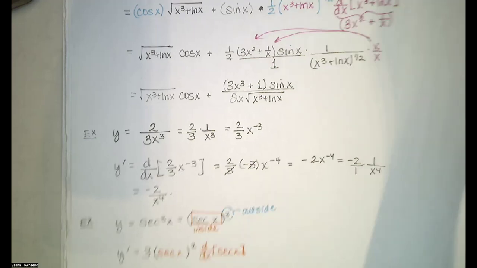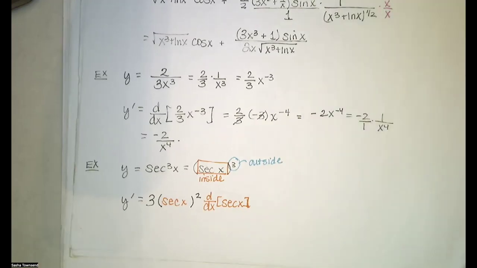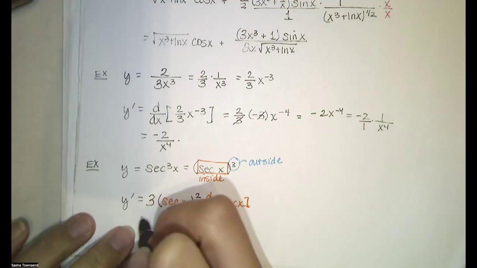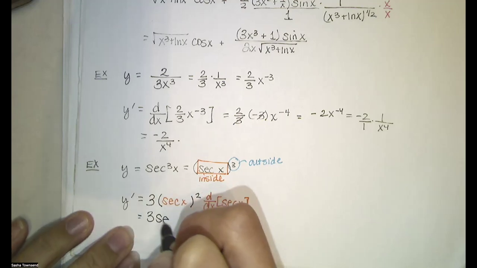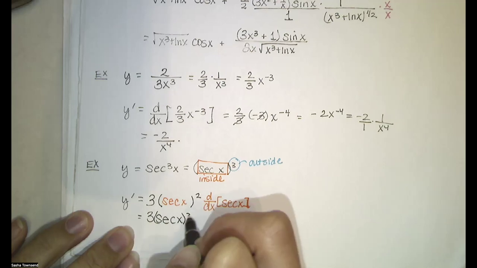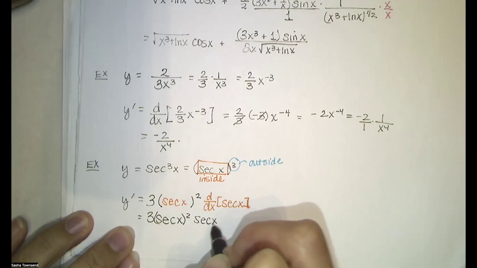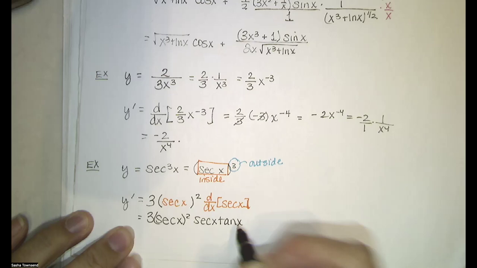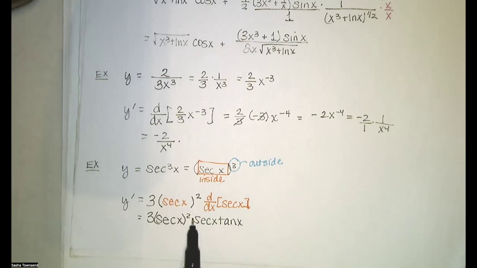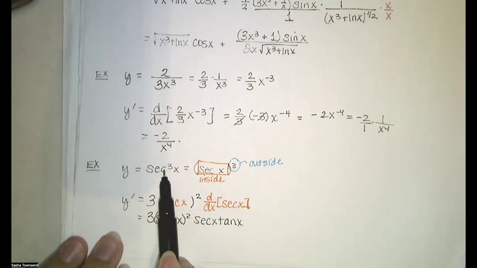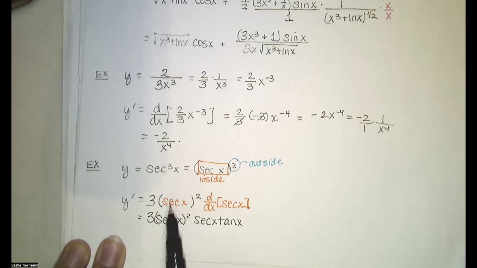And the derivative of secant of x is secant times tangent. Now, it's convention to write the power of the trig function on the name of the trig function. So when I see secant of x quantity squared, I'm thinking secant squared x.